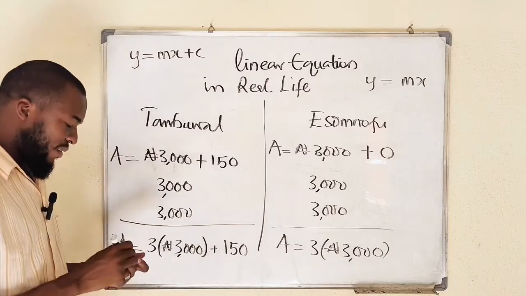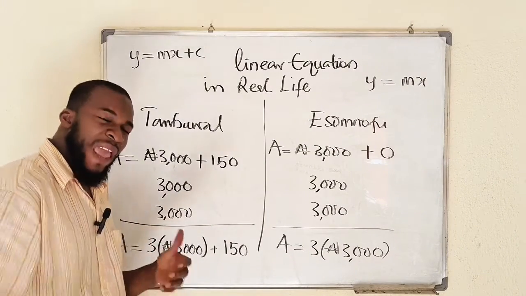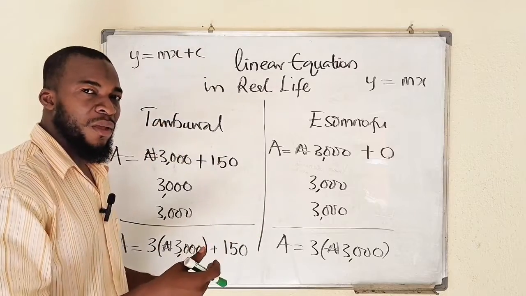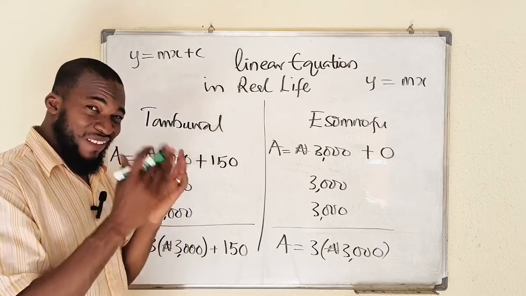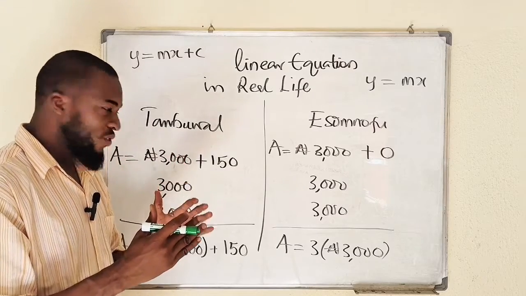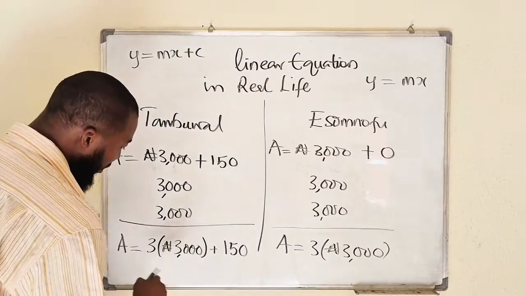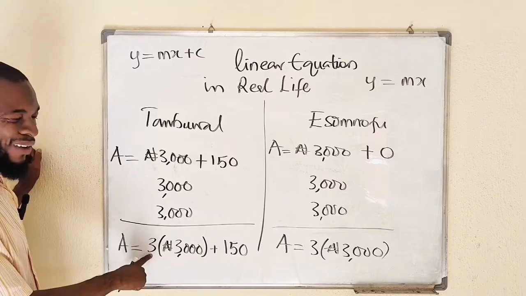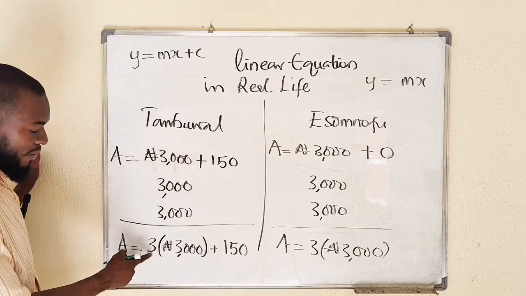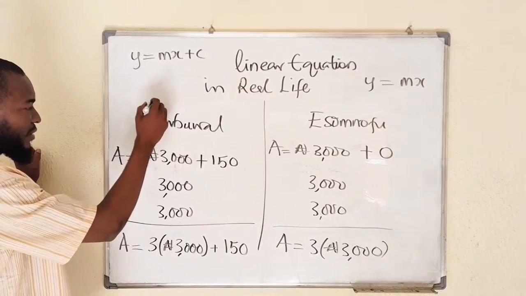So the question is, how much will I save in n number of weeks? Let's assume we have week 1, 2, 3, 4, 5 up to a certain number of weeks, an undisclosed number of weeks. Because this 3 here stands for 3 weeks, we're going to have n instead of 3. So where should I write it?